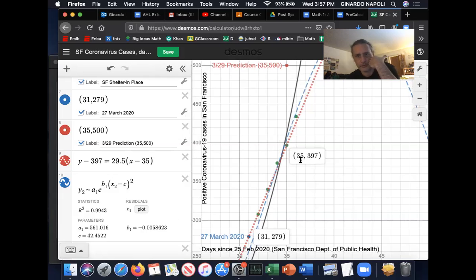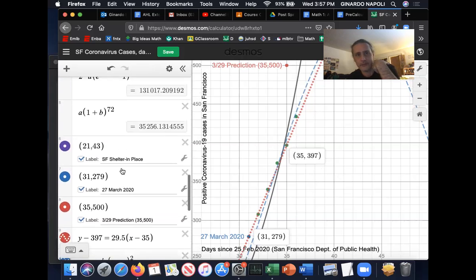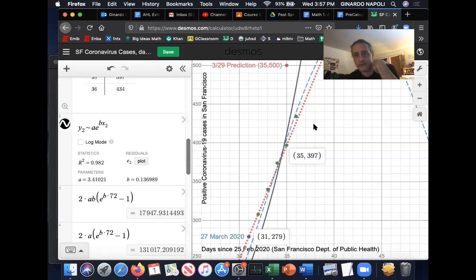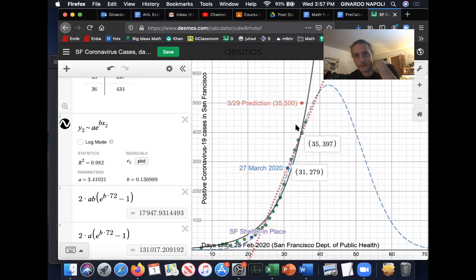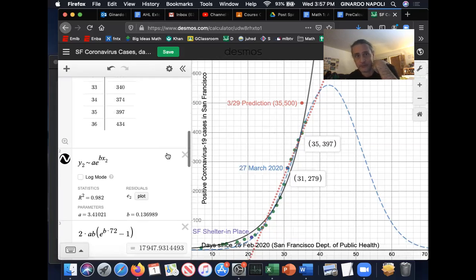Notice that x is 35 and y is 37. Point-slope form. So the trend looks like adding 29.5 per day if it's linear. If it's greater than that, it's exponential, because the rate of change is not consistent. It's increasing, and that's what's been happening.